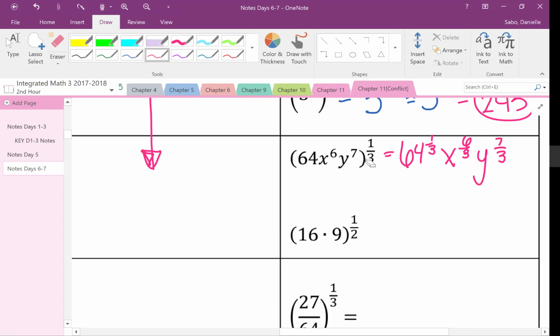Now, there are a few things we can simplify. Now, does anyone remember, let's see if you guys can remember this. Does anyone know what 1/3 really is? It is 4, but how did you get 4? The 4 is correct.